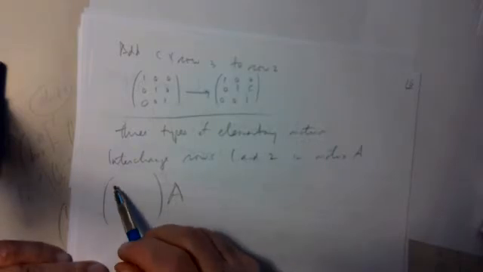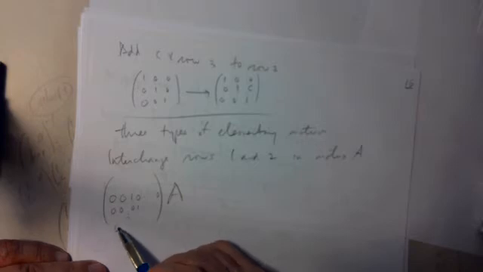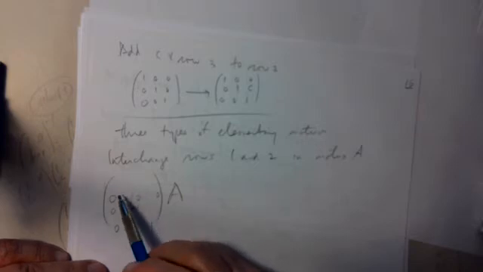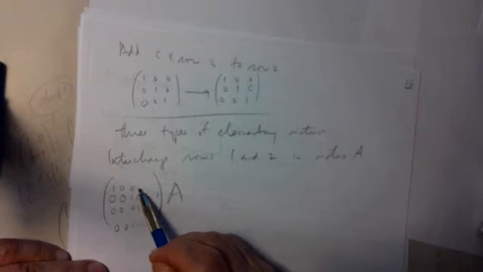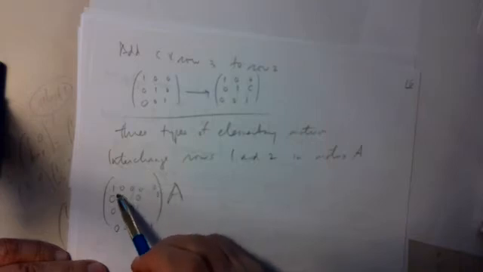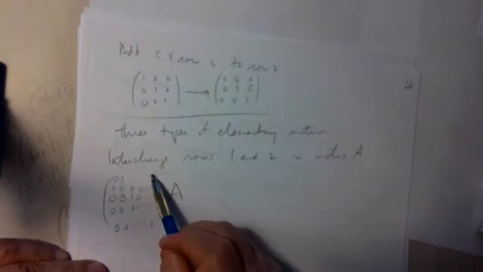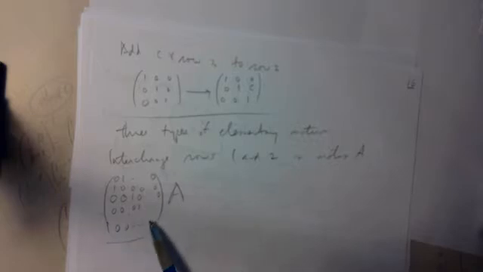So this elementary matrix, for all the rows from the 3rd on down, it doesn't change. But when you interchange the first 2 rows, the first row becomes the second, and the second row becomes the first. So this is your elementary matrix that you get by interchanging the first 2 rows.